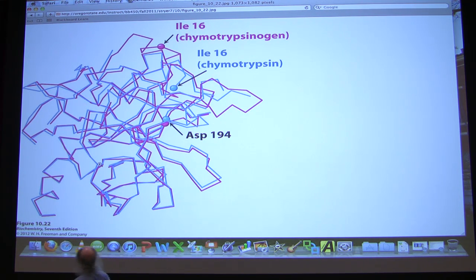Well, what this is doing is it's opening up access to the active site. The movement of this amino acid, this distance, allows substrate to now come into the active site and be cleaved. Okay? Shape changes, essential for protein function. This shape change happens as a result of proteolytic cleavage.